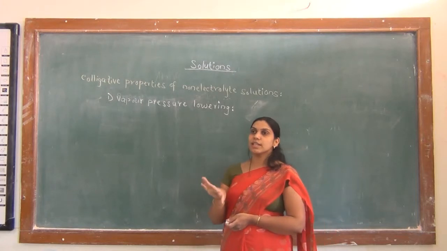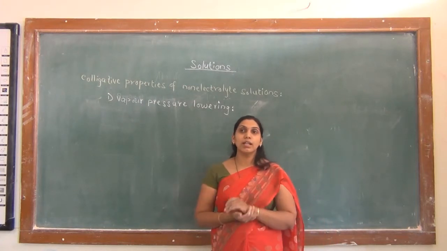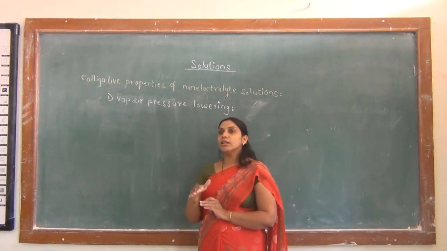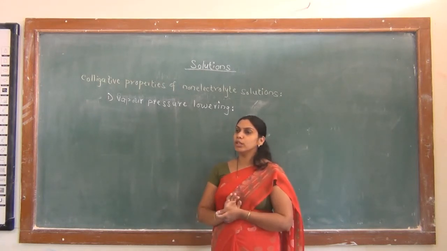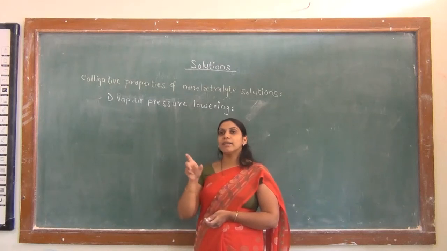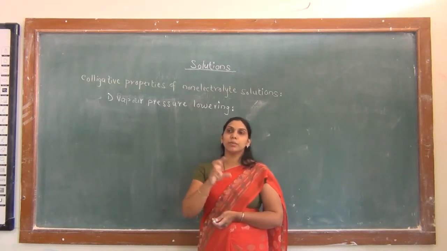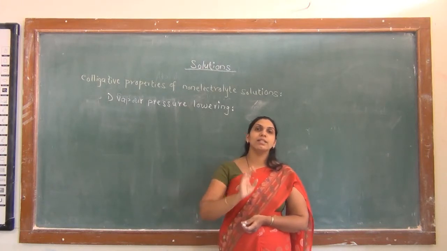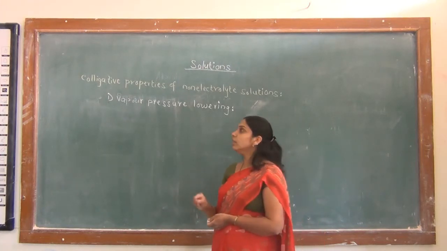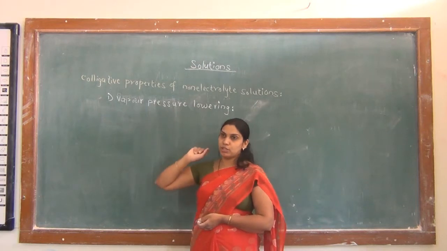When a volatile solution is kept in a container, some of the solvent molecules go into the vapor state, and when there is equilibrium between the vapor state and the liquid state, the vapor phase applies some pressure on the surface of the liquid. That is called vapor pressure.